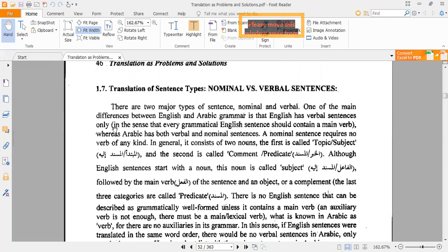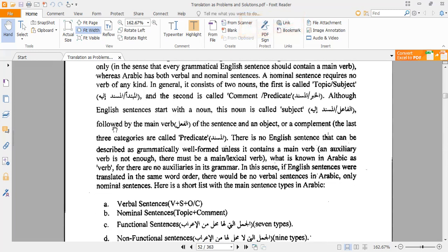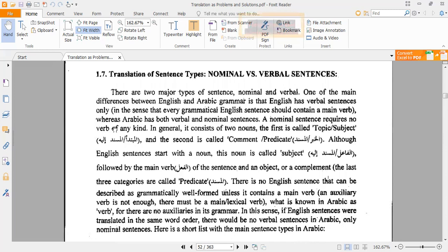Okay, now moving to the translation of sentence types in Arabic and English. We have two main types of sentences: nominal sentences and verbal sentences. Nominal sentences refer to sentences that only include nouns.